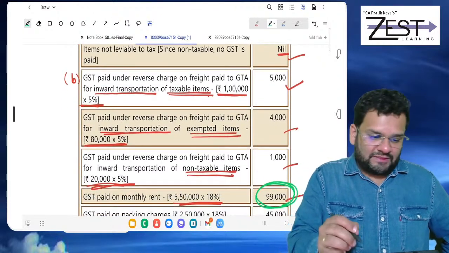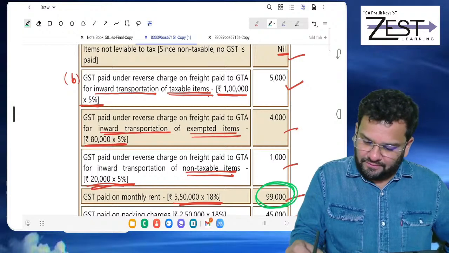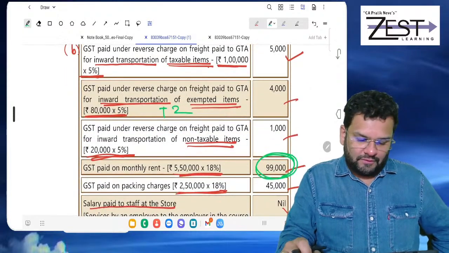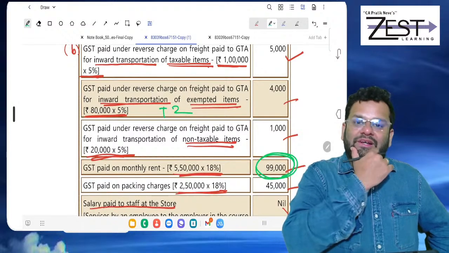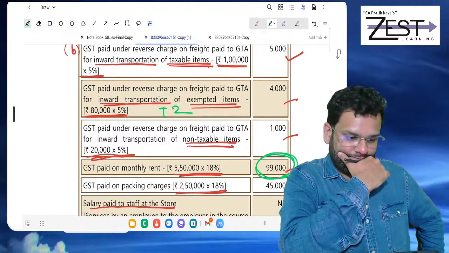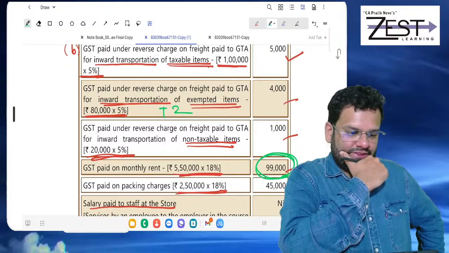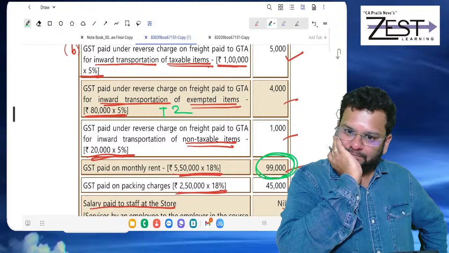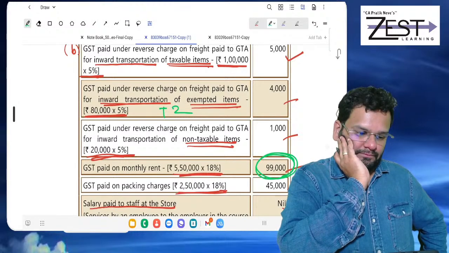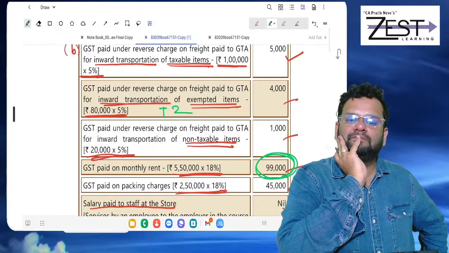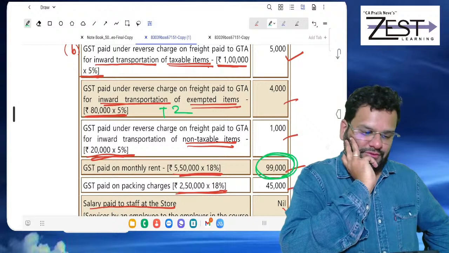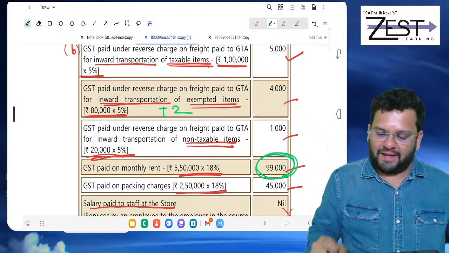See, this is for transportation of exempted items. So this will qualify for T2. But I have not got clearance from both of you yet. See, I depend a lot on your replies. Huh? Friends, waiting for your reply.